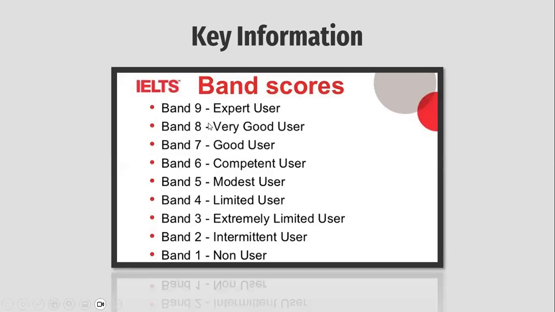And let's say if you get an 8 band, it means you're a very good user. And definitely we have in-betweens, which means we have 6, we have 6.5, we have 7, we have 7.5, and so on and so forth. That's how they are divided. So basically, that's all about the exam itself.